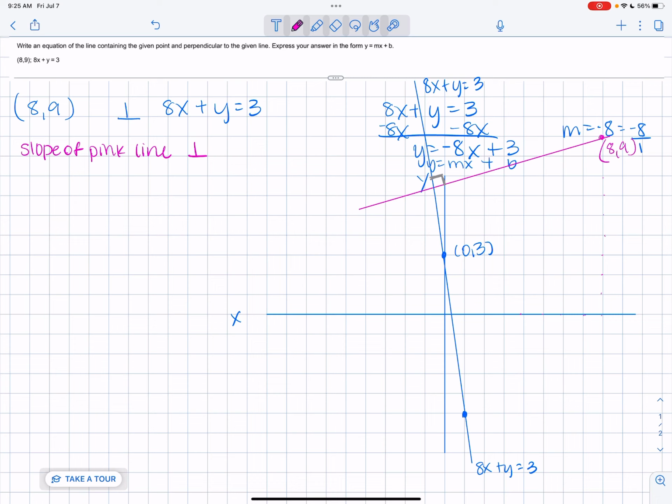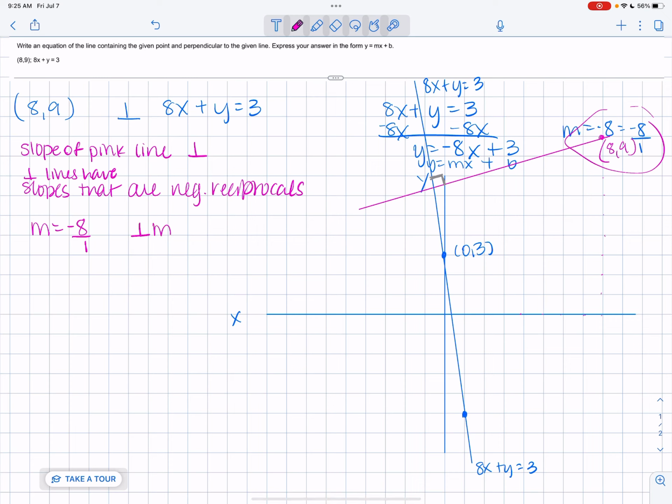We know that perpendicular lines have slopes that are negative reciprocals. The slope of the blue line was negative 8 over 1. We got that from right over here. The perpendicular slope, we're going to flip it and change the sign. It was negative, so that means we're talking about a positive 1 over 8.